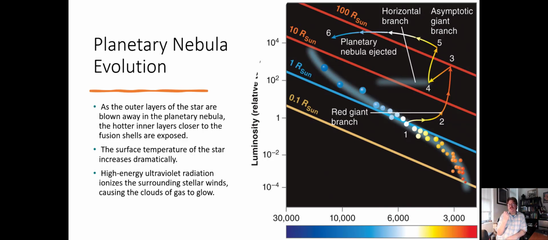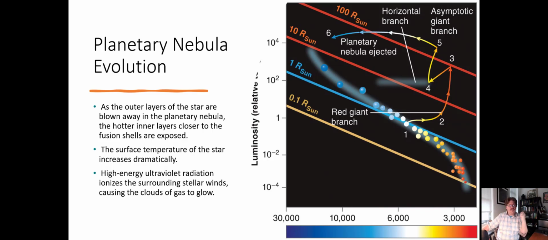That proto-white dwarf is essentially the core of that star. And as I mentioned before, that core was billions of Kelvin in temperature, and so there's a lot of energy coming off that remnant, from just the remnant amount of energy that was through nuclear fusion. And so as the planetary nebula gets more diffuse, the white dwarf, or proto-white dwarf, becomes more revealed, as it were.